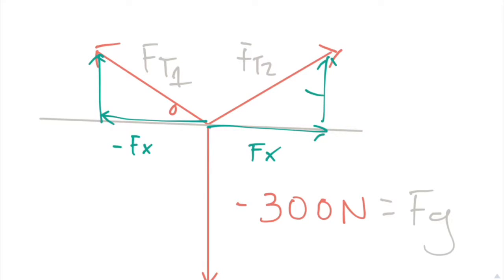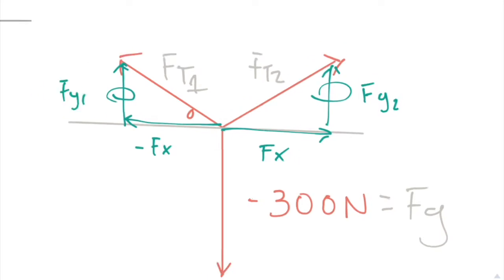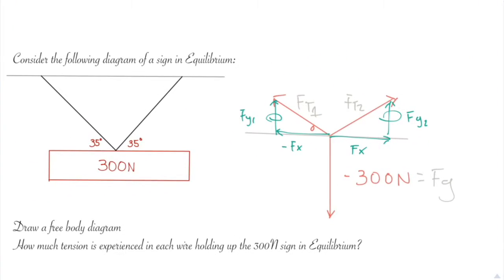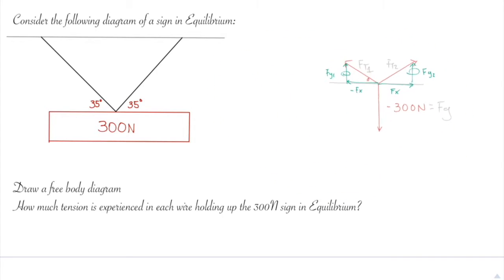And then these vertical components we'll call Fy2 and Fy1. Those vertical components are adding up to oppose the negative 300 newtons here, so they're adding up to 300 newtons in the positive upward direction. We don't necessarily need to do the math to determine what each of those vertical components is.